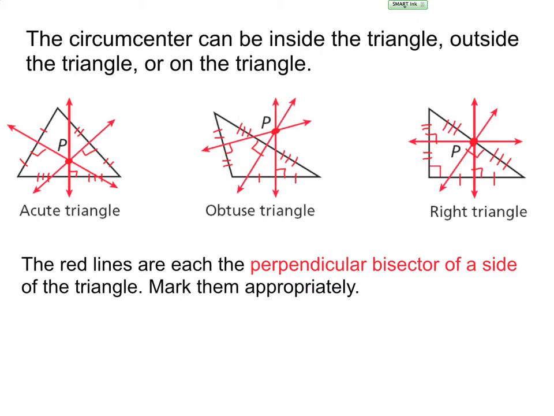Mine's off just a little bit. Notice how I could draw a circle and it touches every vertex? That circumcenter is the same distance from every vertex of the triangle.